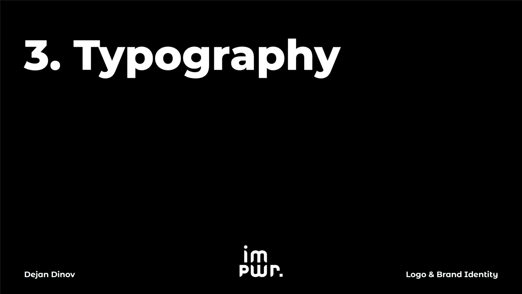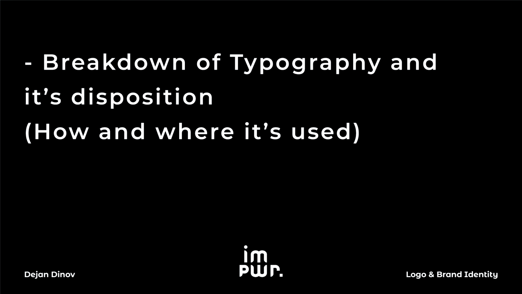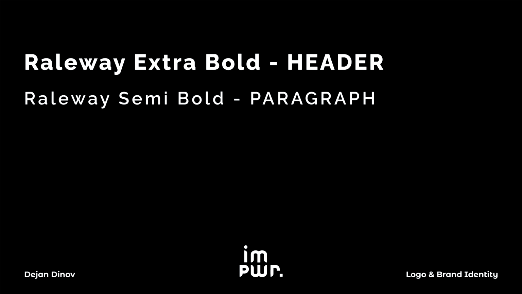Step 3. Typography. In this step we make a breakdown of typography and its disposition, how and where it's used. For this project we have Raleway Extra Bold, which is used for headers, and Raleway Semi Bold, which is used for paragraphs.